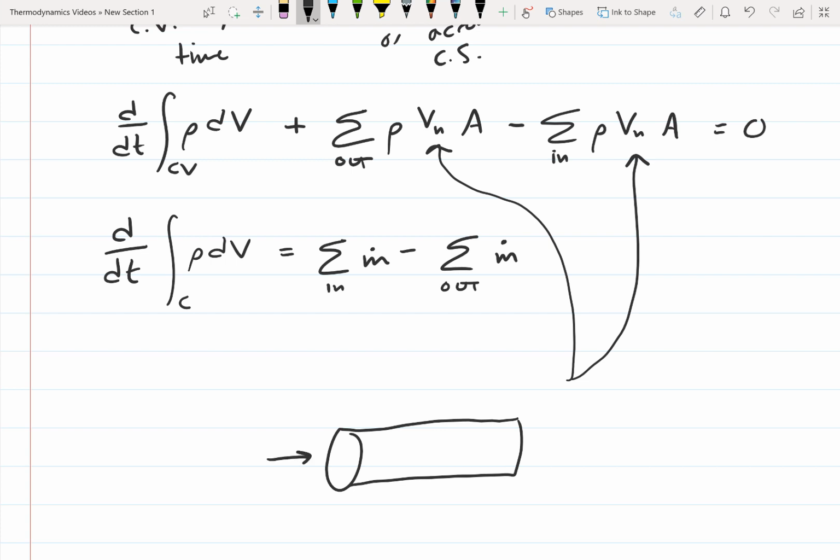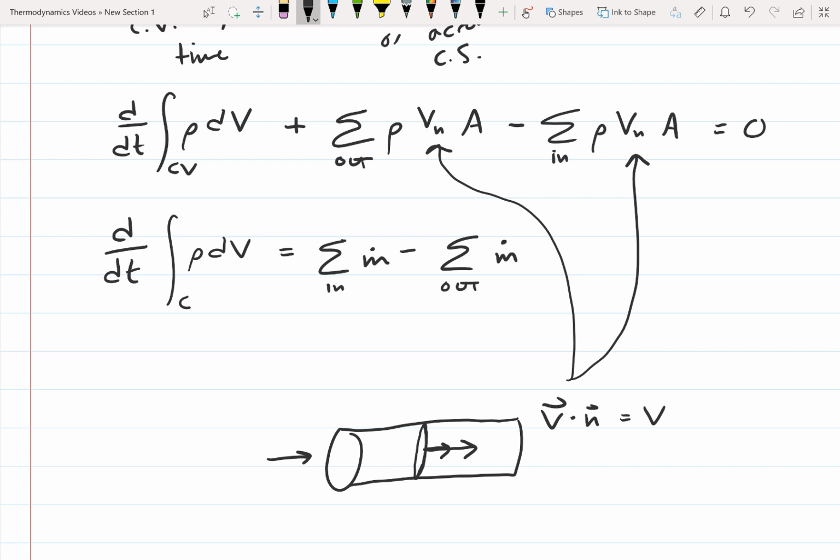If we orient our control surface so that it's perpendicular to the direction of flow, so the fluid is flowing normal to our control surface, then our normal vector is right here, and our dot product, v dot n, is just equal to the velocity.